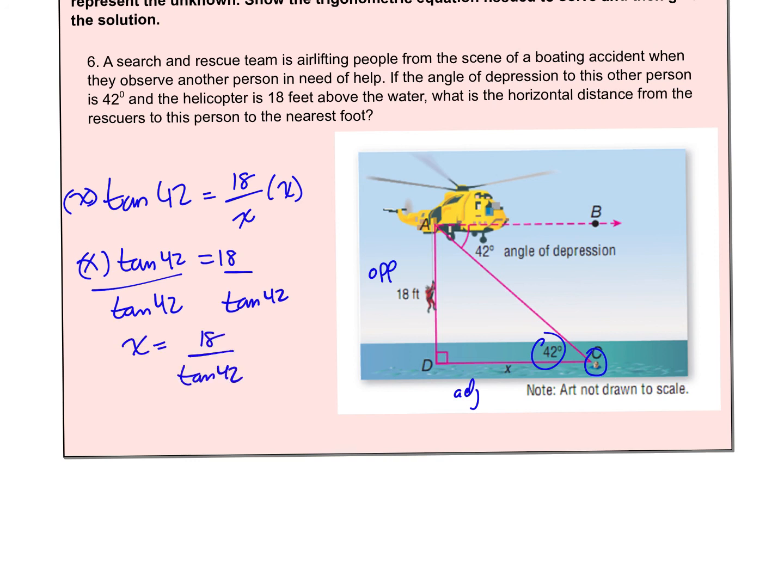So 18 divided by the tangent of 42 is going to be 19.99, but you can round it to 20. So they're dropping 18 feet into the water, and there's only 20 feet to get to the swimmer. That's my answer.